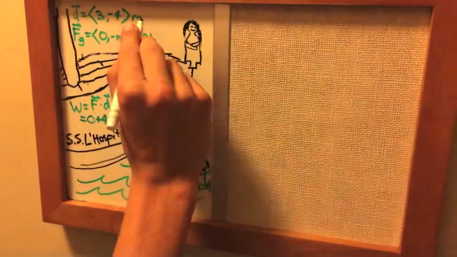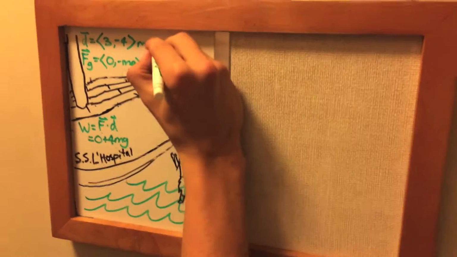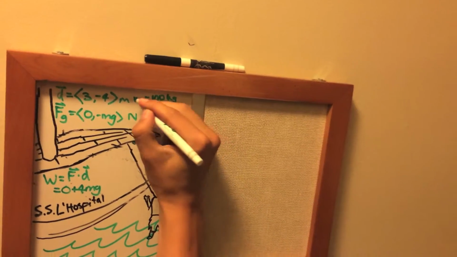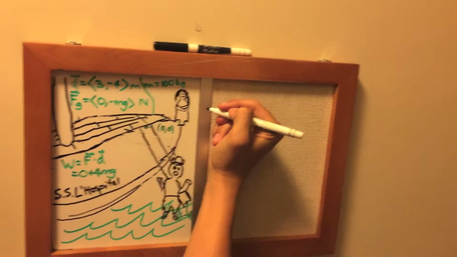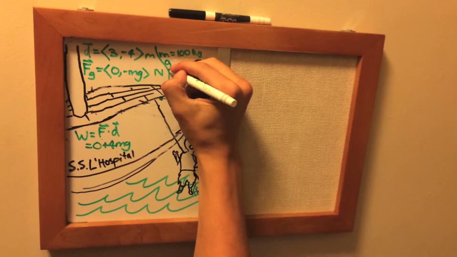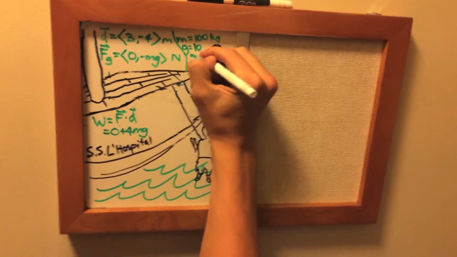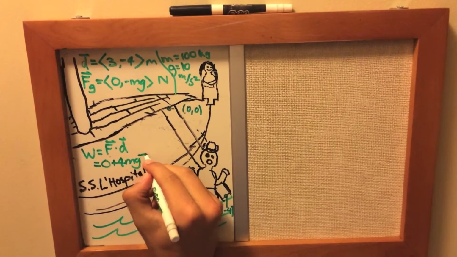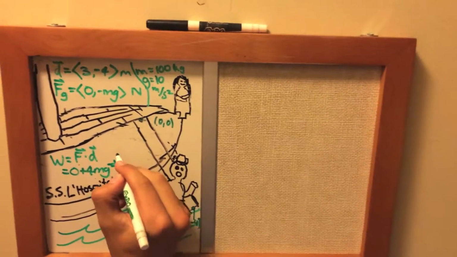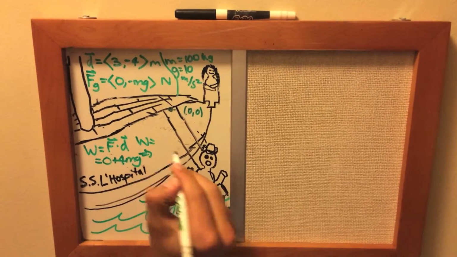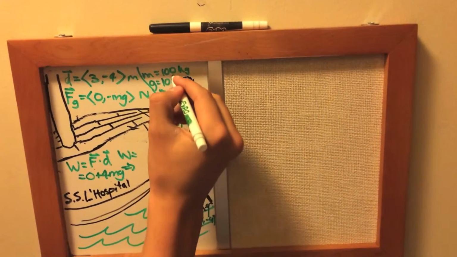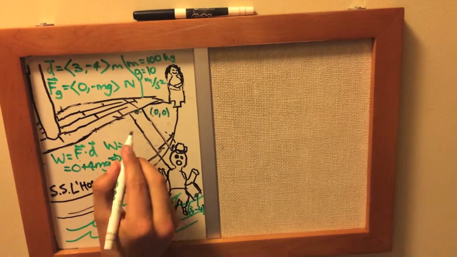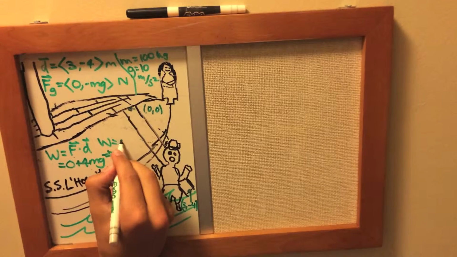Now recall that in the initial problem the mass was equal to 100 kilograms, and g was equal to 10 meters per second squared. So this is going to equal 4 times 100, which gives us 400, times 10 is 4,000 joules.